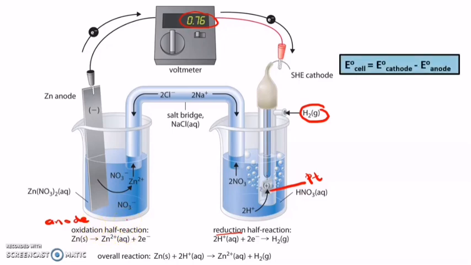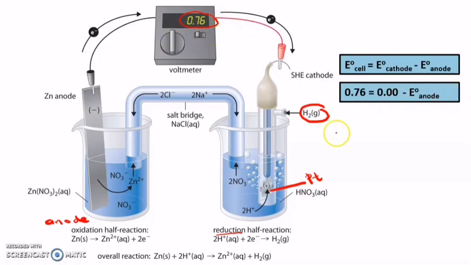From the formula E naught cell equal to E naught cathode minus E naught anode, we can apply the E cell that we get from the voltmeter here and the value of SHE, which is equal to 0, to find the E naught anode, or the standard electrode potential for zinc. By performing the calculation, we get the value of E naught anode, or E naught zinc, as negative 0.76 volt.